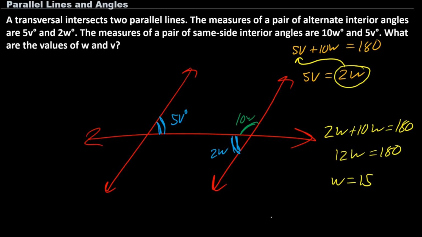And so because W is equal to 15, 5V plus 10 times 15 equals 180. 10 times 15 is 150. 180 minus 150 is 30. 30 divided by 5 gives us 6.